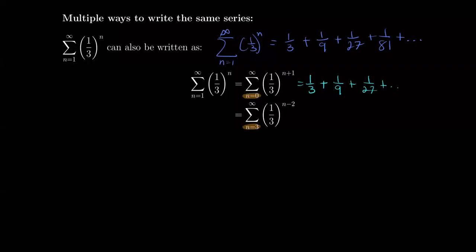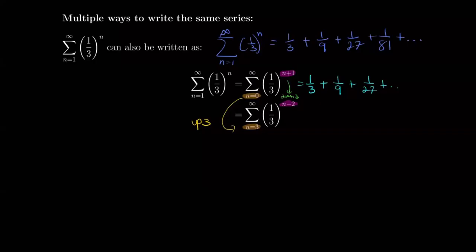So my index counter went up by 3, which means that my index in the function must go down by 3. And you can see that n plus 1 and then minus 3 turns into an n minus 2.